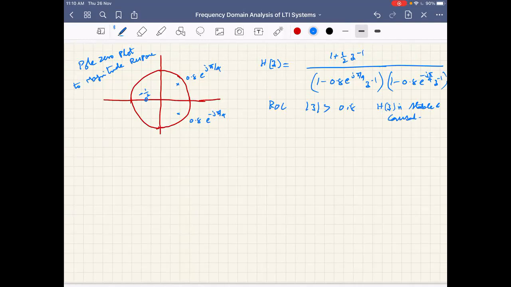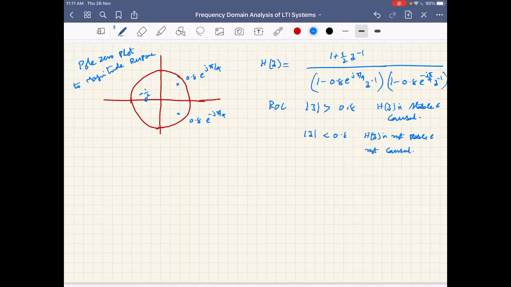But is this the only possible system having this pole zero plot? The other possible system with this pole zero plot has ROC mod z less than 0.8, and then H of z is not stable and not causal as well.